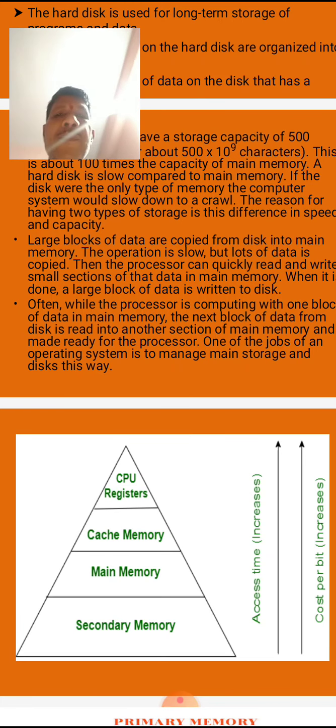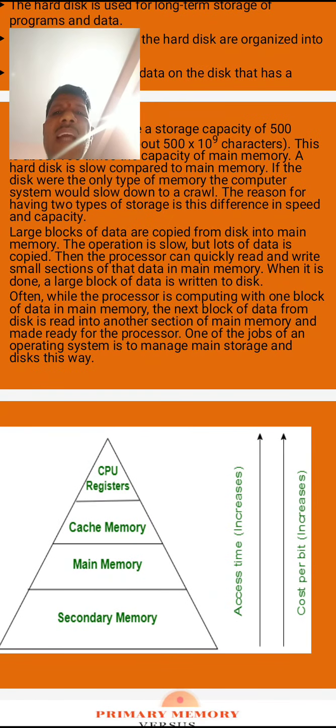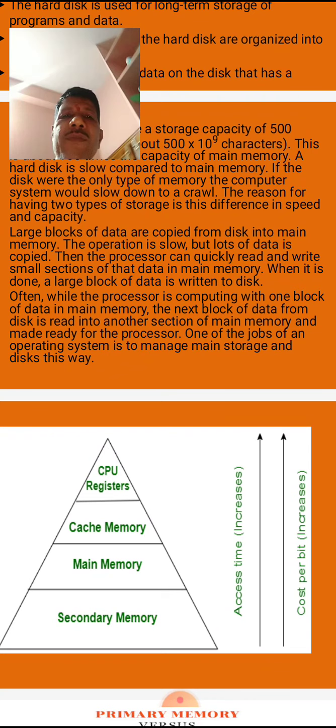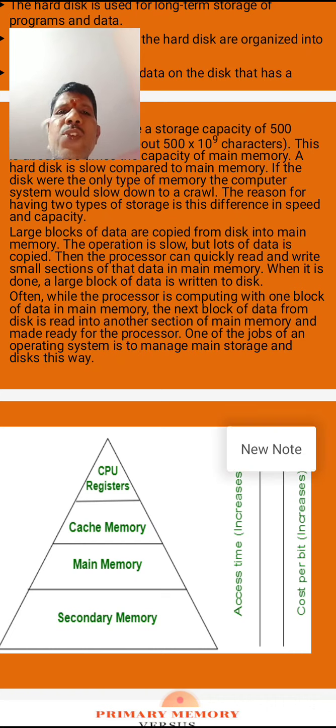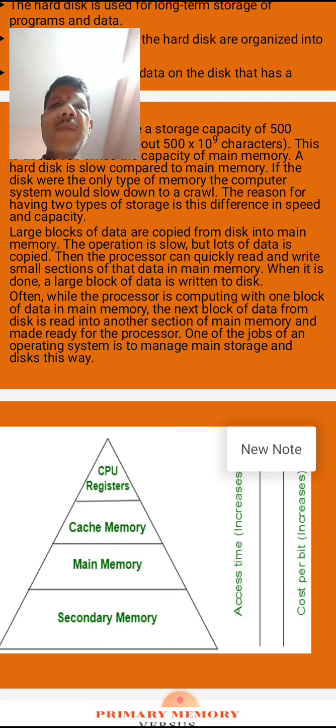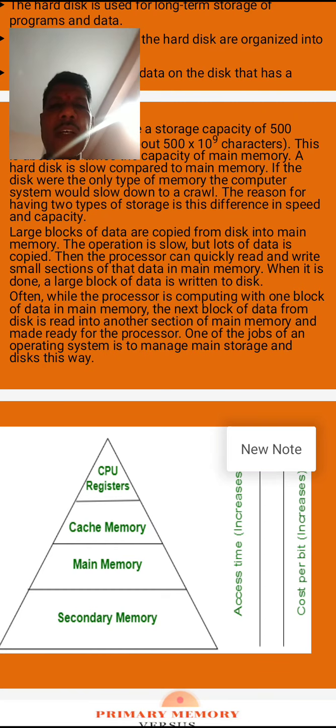Often while the processor is computing with one block of data in main memory, the next block of data from disk is read into another section of main memory and made ready for the processor. One of the jobs of an operating system is to manage main storage and disks this way. So the secondary memory contains the data in the form of different blocks.